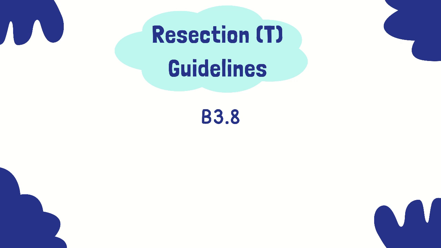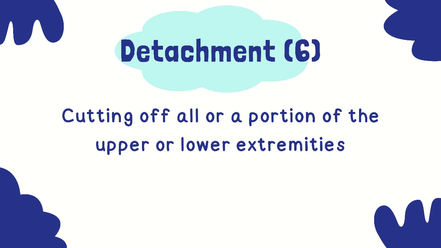So preparing for a replacement procedure. So in your notes, add in B318 is a guideline that you want to make sure you are paying close attention to. All right, I think I am done with resection.